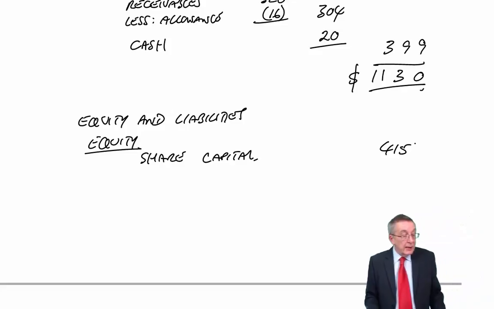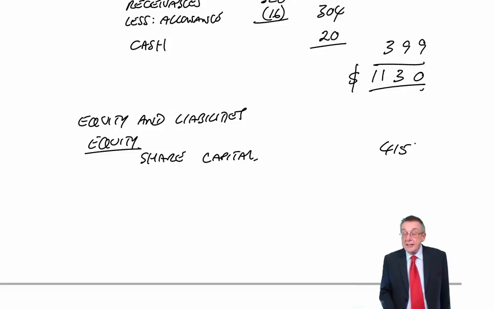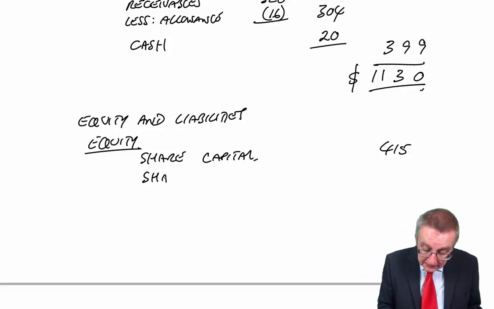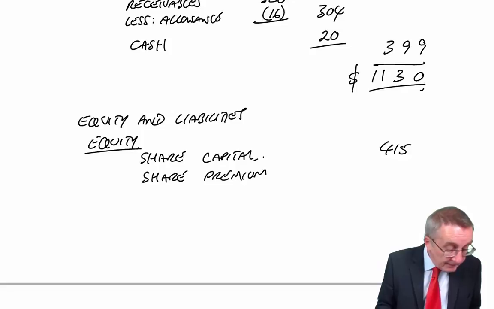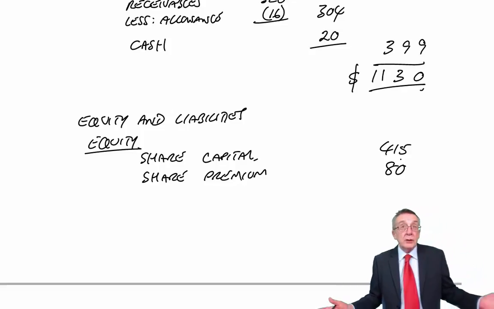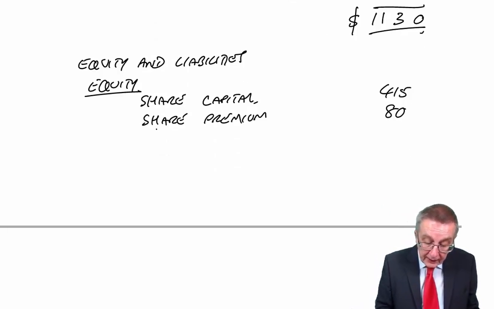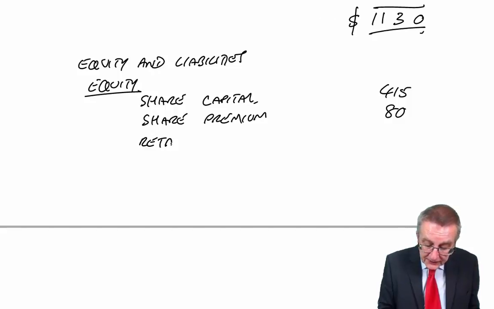None of those extra bits of information affected that, so that's easy. We've got share premium, 80. Again, that would only have been affected if there'd been a new issue not recorded, but no mention of anything like that. But finally, of course, for the equity, we have retained earnings.